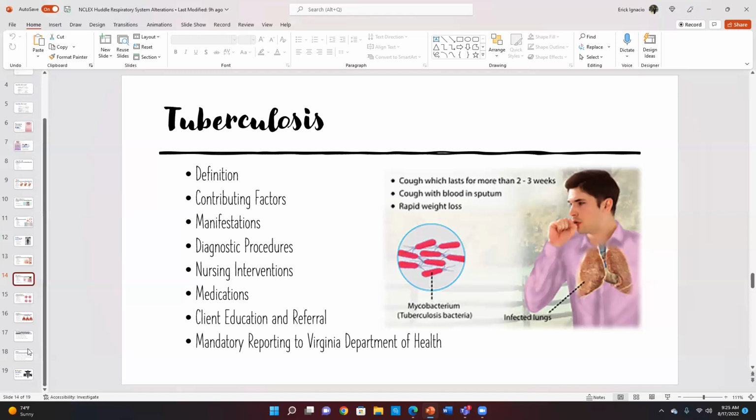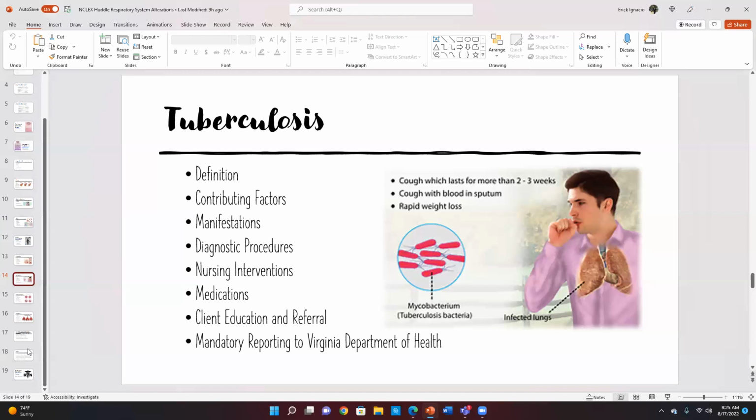This is important also. Tuberculosis is a mandatory reported condition to the Virginia Department of Health. Any patient that is high risk, we must send them or refer them to the local health department for testing and prophylactic treatment.